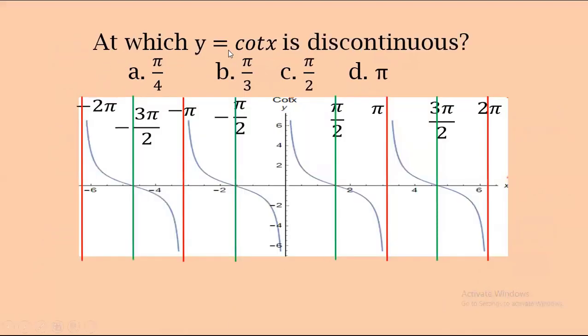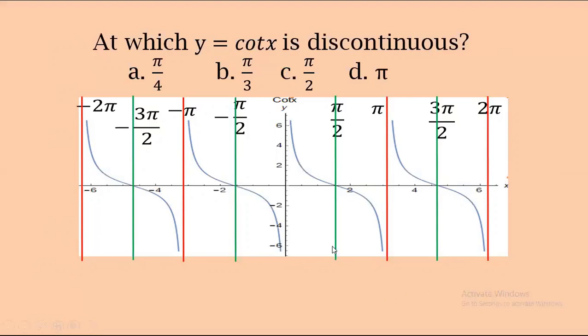Now, at which point is y equal to cot x discontinuous? Actually this picture will not be given because this is your question and this is for your help. We discussed it in a graph elaborately where cot is discontinuous.